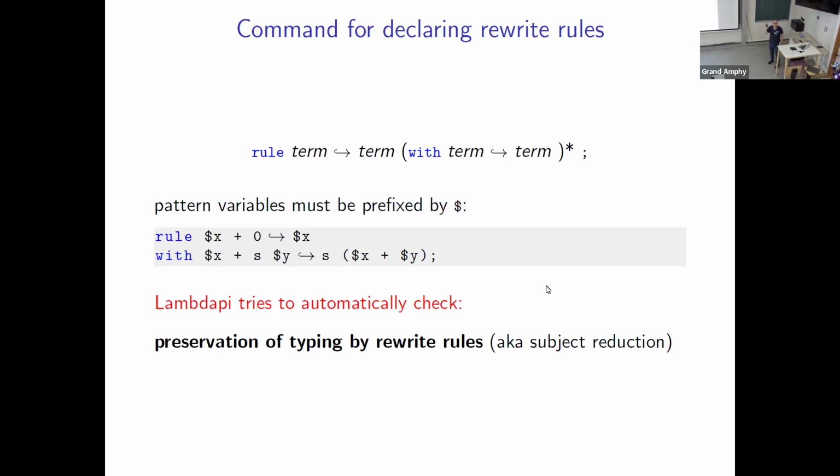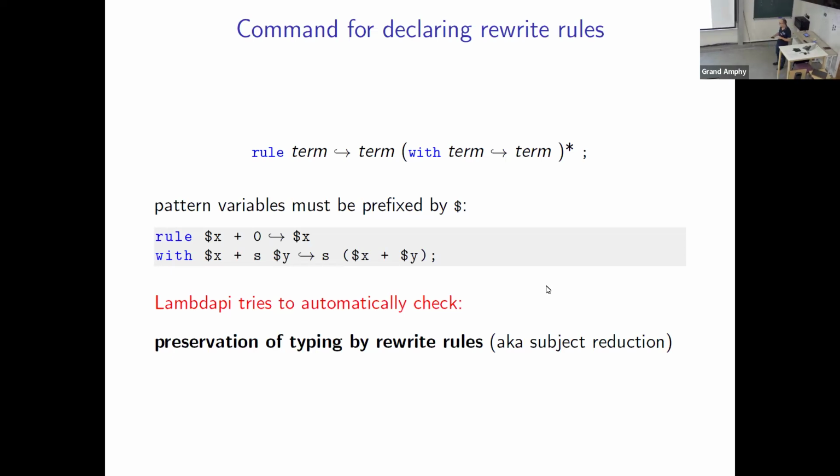And I mentioned earlier that a very important property we have to make sure when we use LambdaPi is that the combination of beta reduction and the user-defined rewrite rules is a confluent system. It means that every term has at most one normal form.